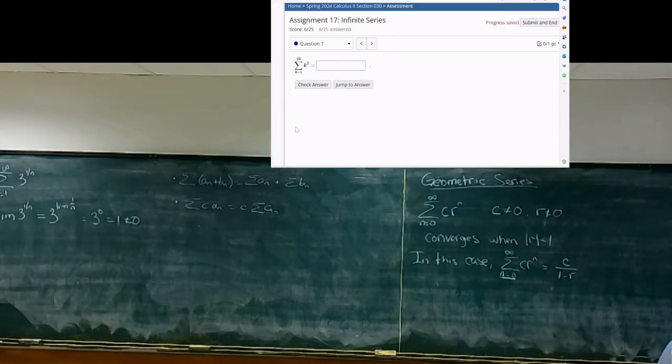Sum of squares. There's actually a formula for this, and I don't remember what it is off the top of my head. We studied it in Calc 1 when we did Riemann sums.